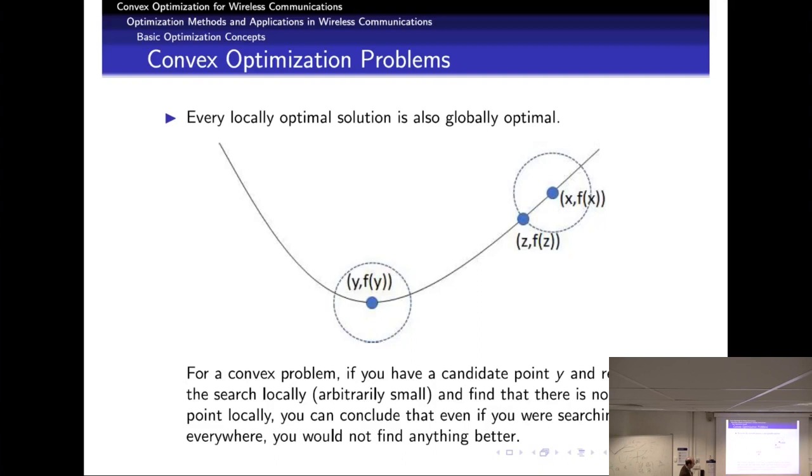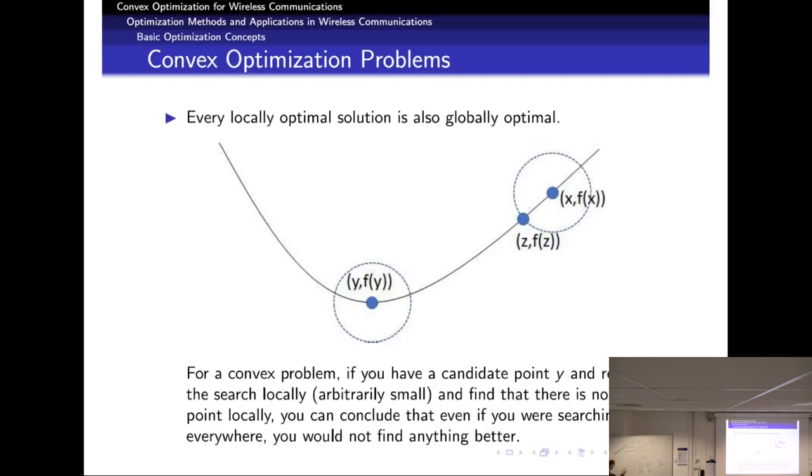So even if you were searching everywhere in the domain, you would not find anything better. And this is really the property of a convex function, because if you have something that is non-convex, you cannot say that. And you can see this quite easily with an example, right? If I have a function that is something like this, this is clearly non-convex. And if I have a local optimum here, well, it's a local optimum.